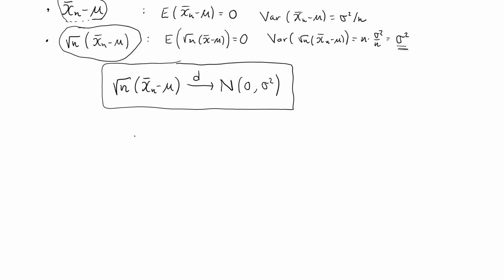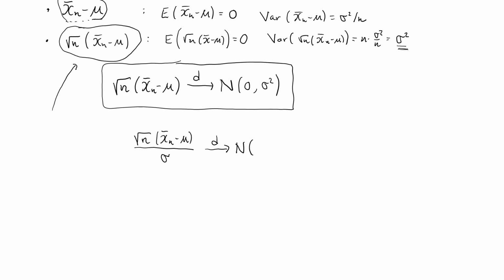Sometimes you see the central limit theorem as square root of n times Xn bar minus mu over sigma. This is the same sequence of random variables as the one we've been looking at, just multiplied by 1 over sigma. Since the numerator converges to a normal distribution, and we know that a constant times a random variable that follows a normal distribution will itself be normal, we can conclude that this too will converge in distribution to a normal.